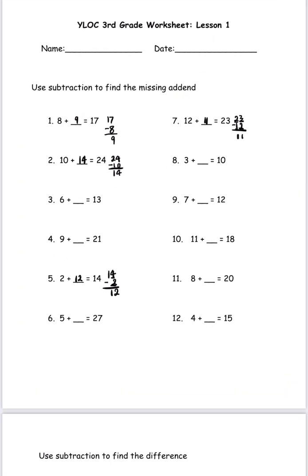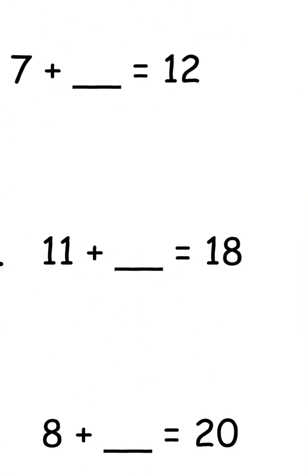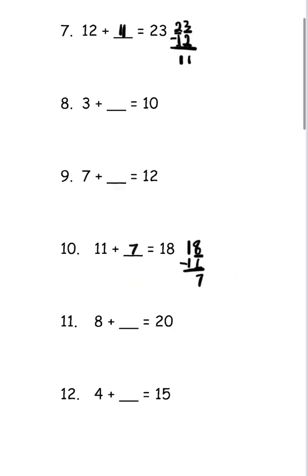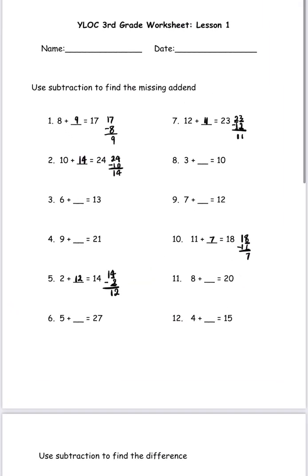Let's look at number 10. For number 10, we need to subtract 11 from 18. So 8 minus 1 is 7, and 1 minus 1 is 0. Therefore, 7 is the answer for number 10.